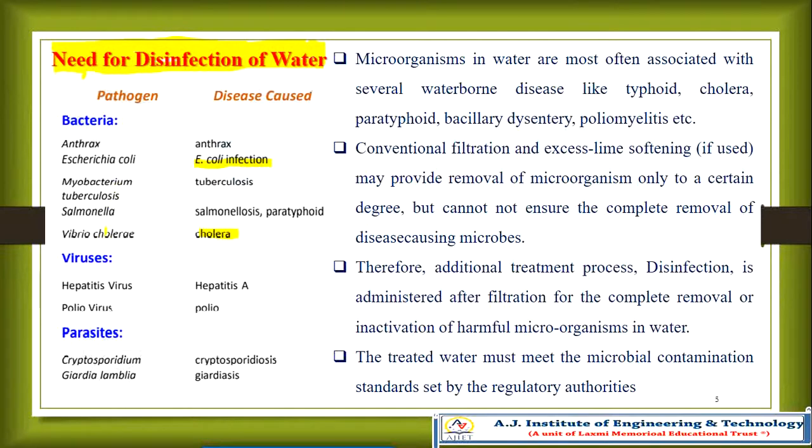Tuberculosis is caused by Mycobacterium tuberculosis. Salmonella bacteria cause typhoid, and Vibrio cholerae causes cholera. Likewise, hepatitis A virus causes hepatitis A, as well as poliovirus.